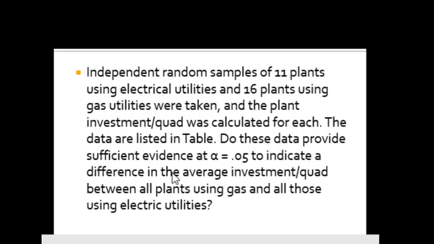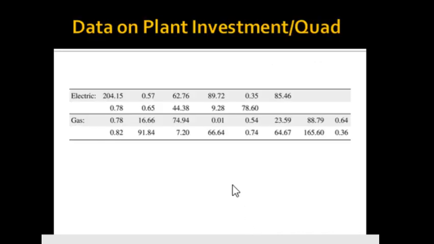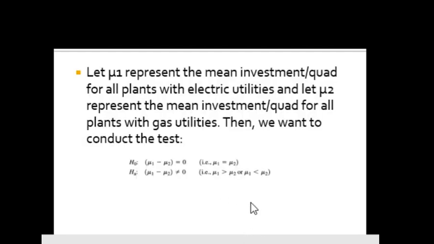So we just want to see if there is a difference. That means it will be a two-sided or a not equal test. This is the information we have, the ratio for electrical and gas plants. Again, as you can see, these are small samples, so we will use the t-distribution.